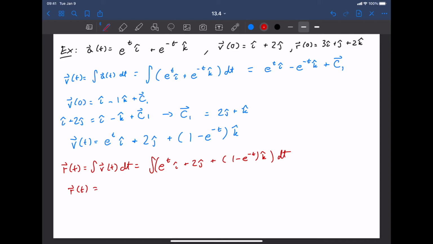So take your shot, write down what you would get when you integrate all three of those parts, keep track of the signs, keep track of the i, j, k components. 3, 2, 1. So I'm getting e to the t in the i direction, plus 2t in the j direction, plus quantity, careful with the parentheses there, t plus e to the negative t in the k direction, plus a different constant. So if you started off with just c, this needs to be like c1. Just call it c2. It really doesn't matter.